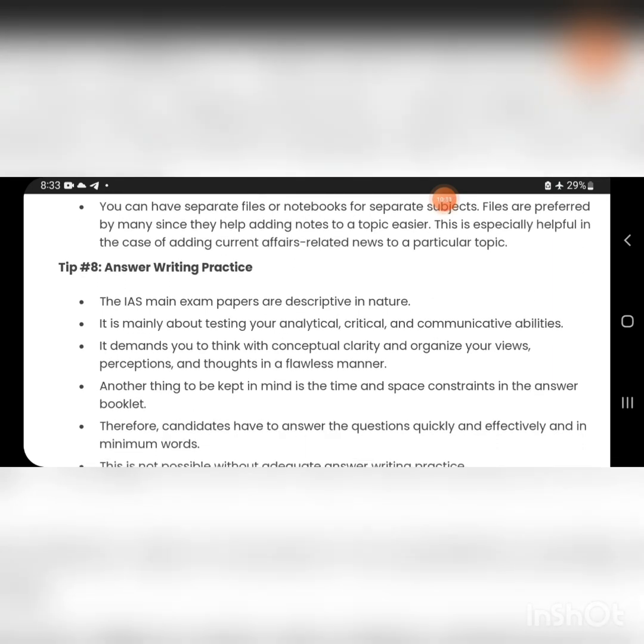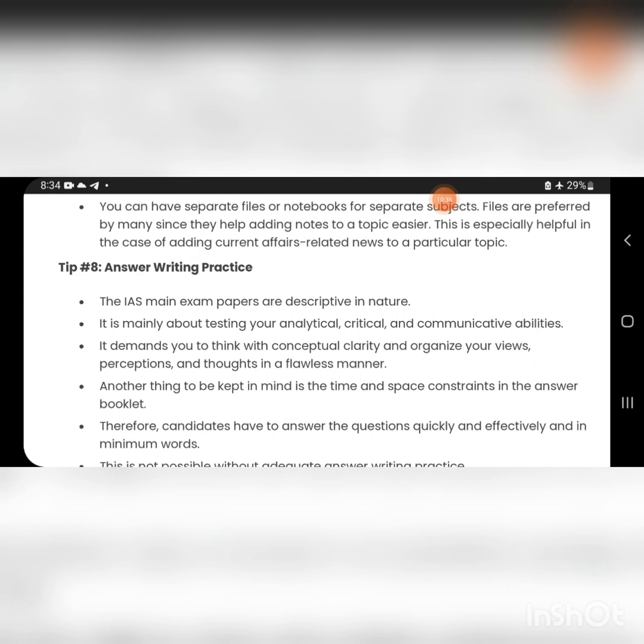The IAS exam papers are descriptive in nature, mainly the main exam papers. It is mainly about testing your analytical, critical, and communicative abilities. It demands that you think with conceptual clarity and organize your views, perceptions, and thoughts in a flawless manner.